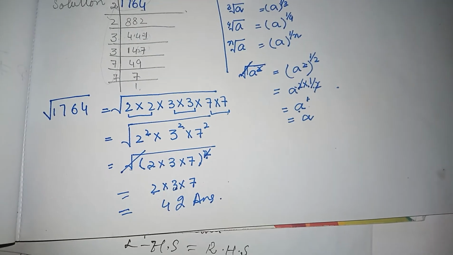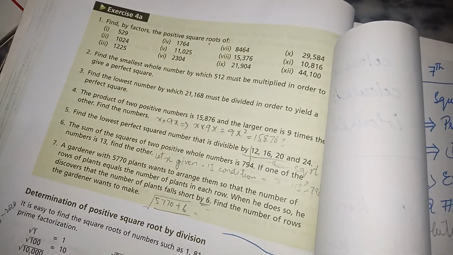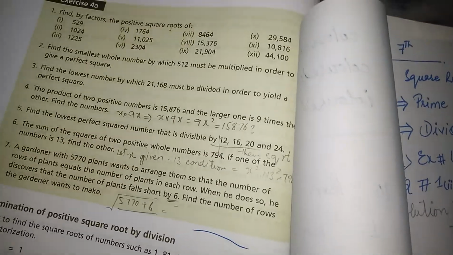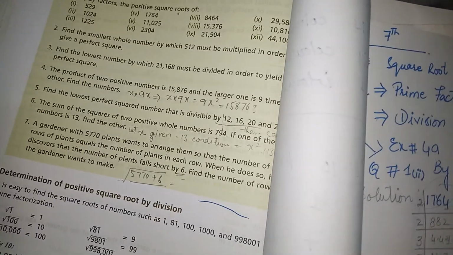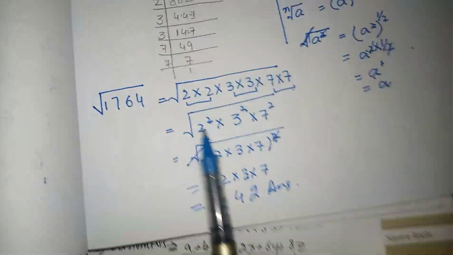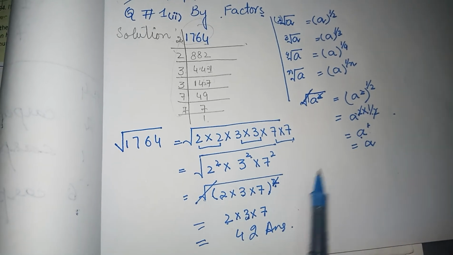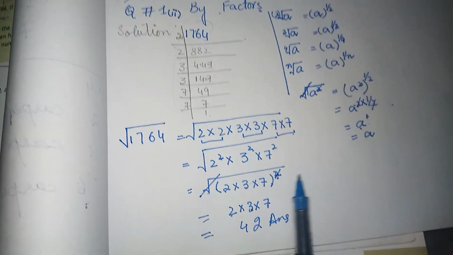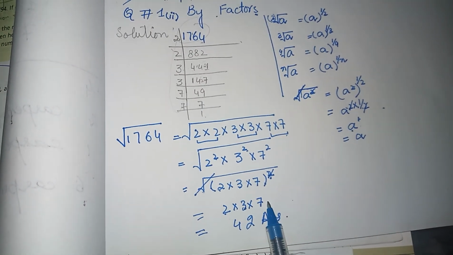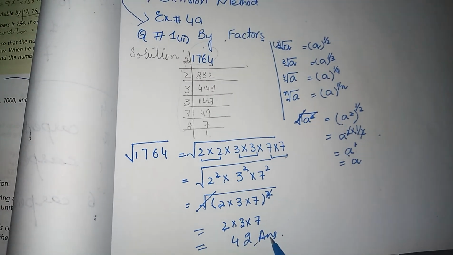Question number 1 has almost 12 parts. You have to solve them all by following the same procedure: taking factors, taking the square root, making their pairs, taking common the square, cancelling the square and square root, and then multiplying the factors. That is the answer.